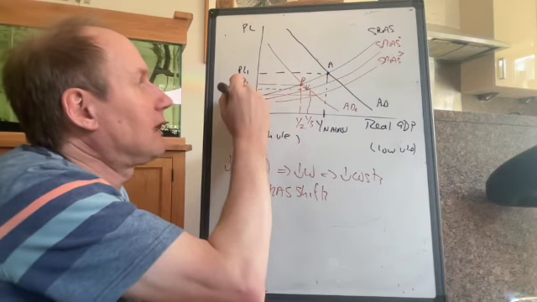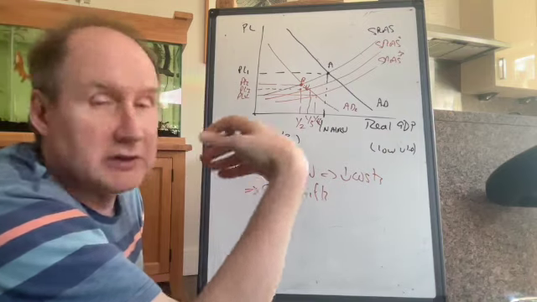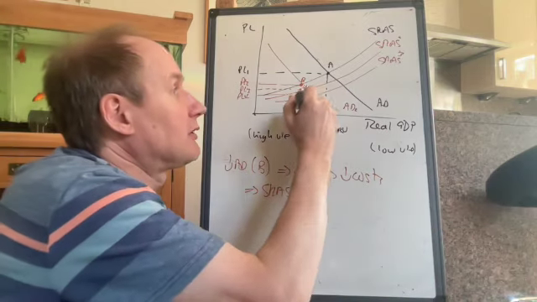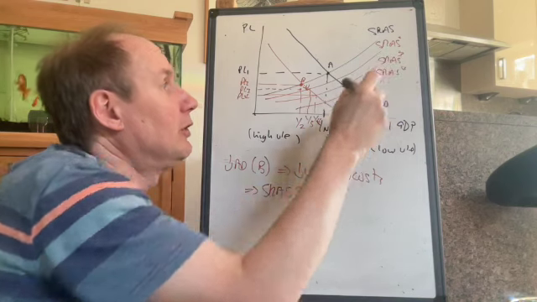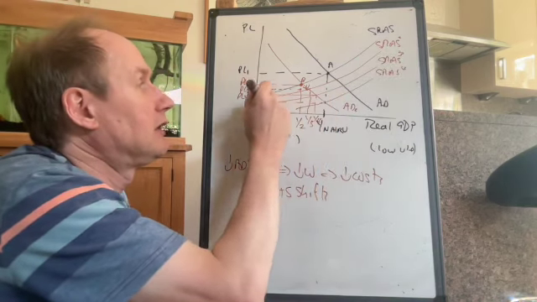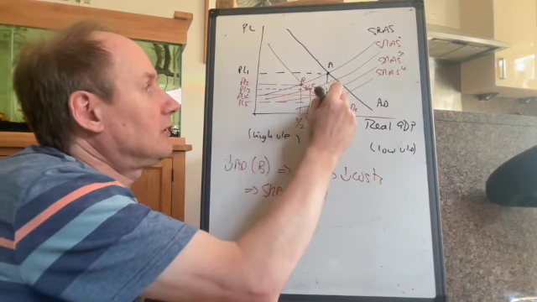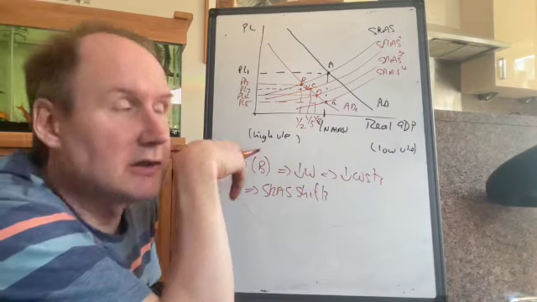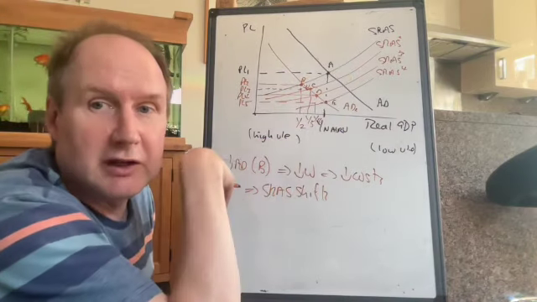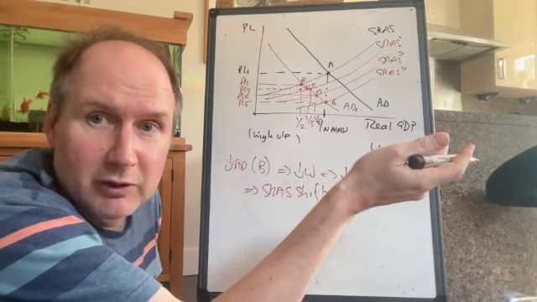The price level comes down to PL4, GDP rises to Y4, but still unemployment's above the NARU, and this process therefore continues until there is no further downward pressure on wages. We arrive at equilibrium at point E. So in the long run, all that's happened is that initially the economy started at A. Temporarily, we were away from the NARU.